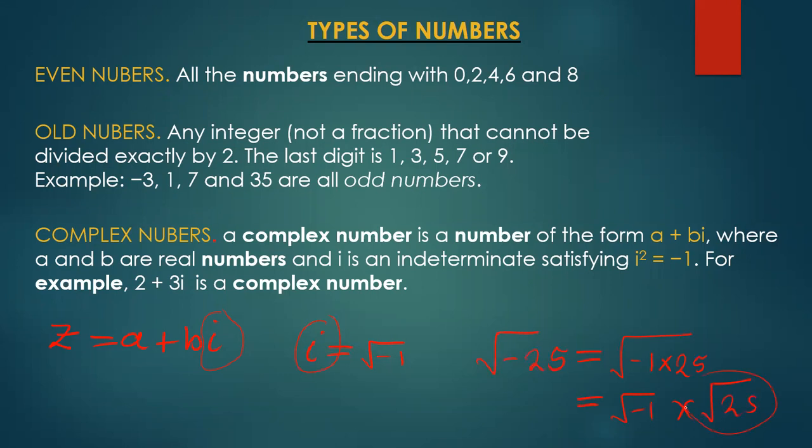We know the square root of -1 is simply i, and the square root of 25 is simply 5. So when you multiply i and 5, you get 5i.